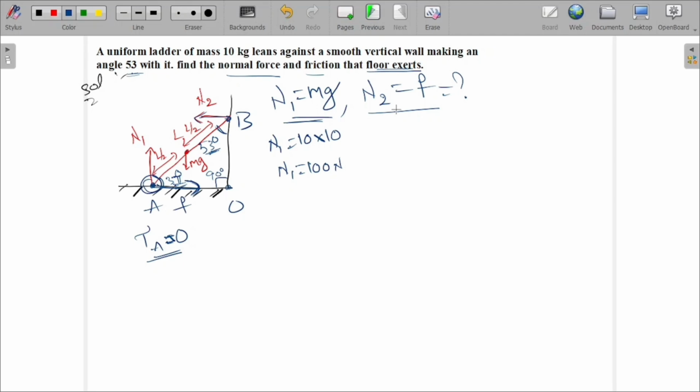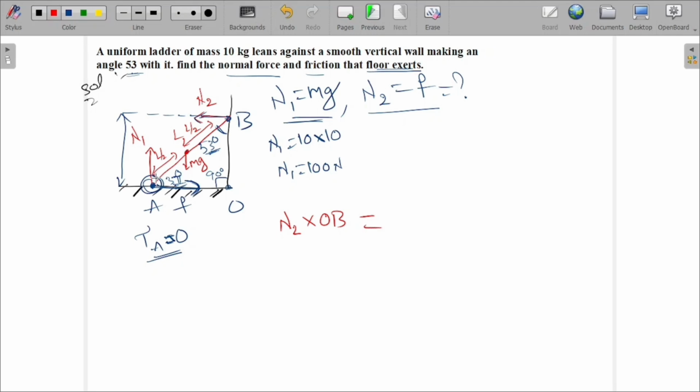So let's see, torque at point A is 0. Because of N1 and because of the frictional force, there is no torque acting here. But see, N2 is acting in this direction. So the line of action of the force is at a distance OB. N2 is acting perpendicularly to OB.